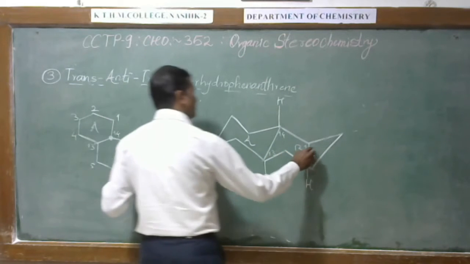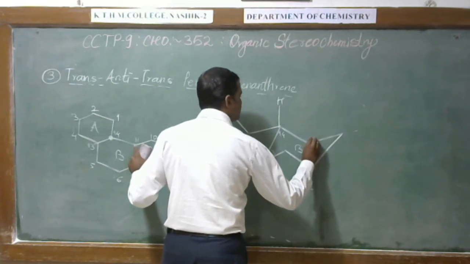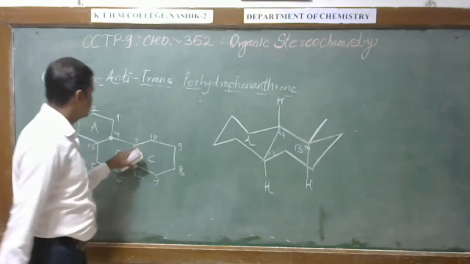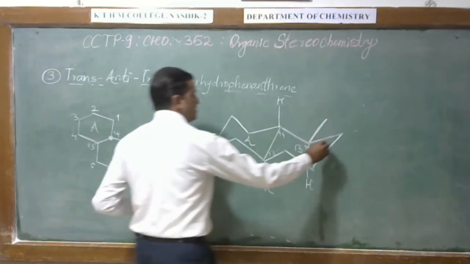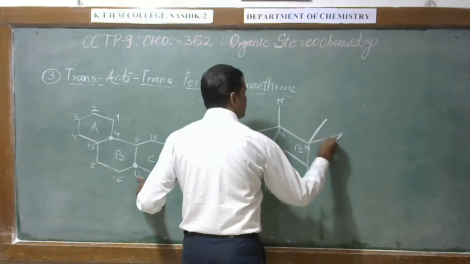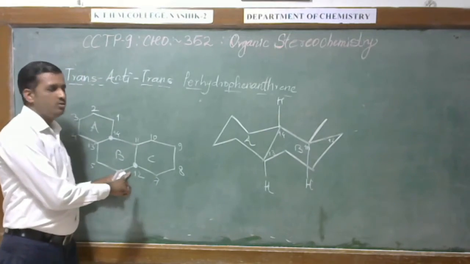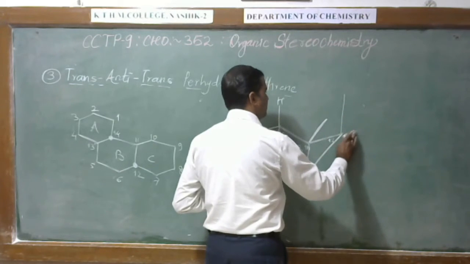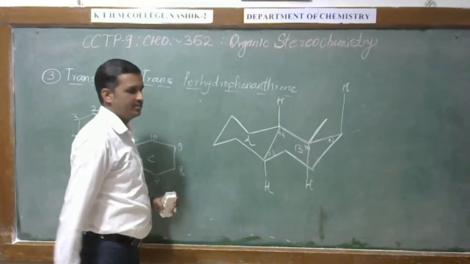For this carbon number 11, the remaining position to the next ring is equatorial position, like this. Next carbon is carbon number 12. This carbon number 12 has a dot, means hydrogen is present in upward direction, means there is axial hydrogen.